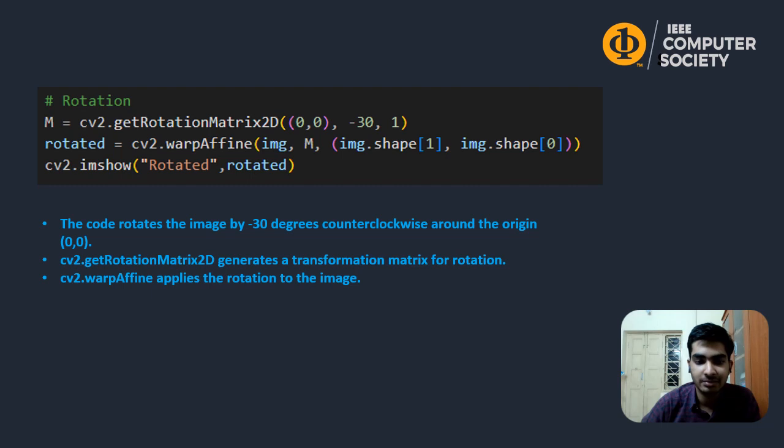The get rotation matrix 2D generates a transformation matrix for rotation. The warp affine function applies the rotation to the image. So this is the original image, and we have rotated the image by 30 degrees.